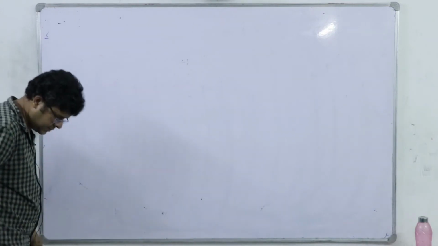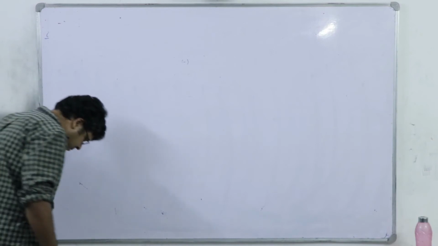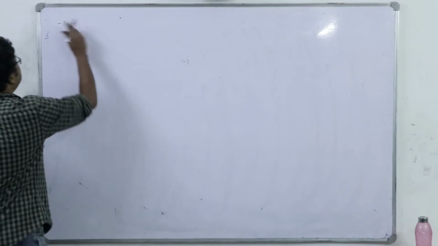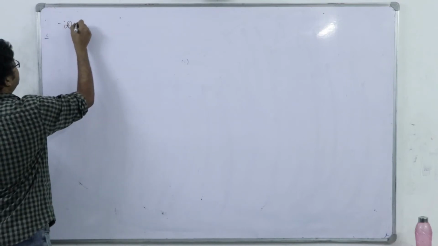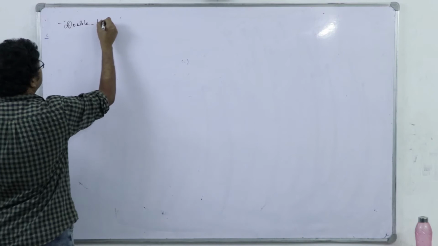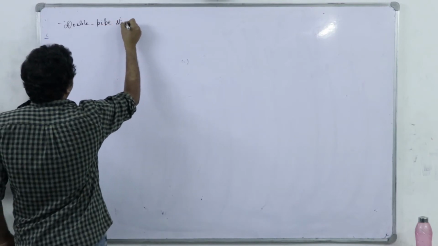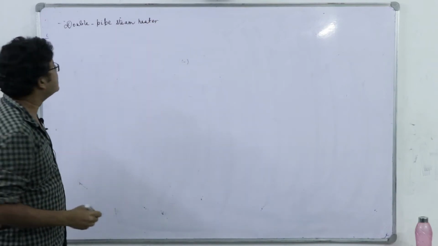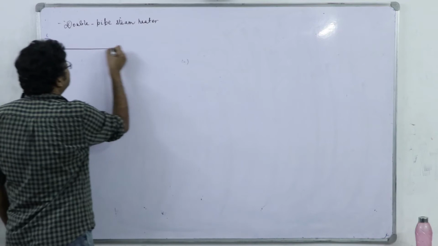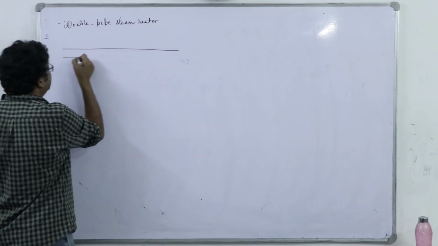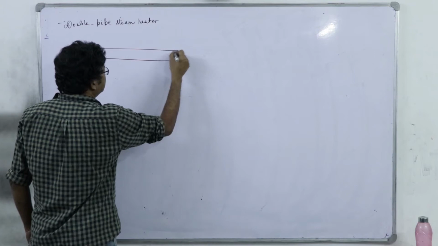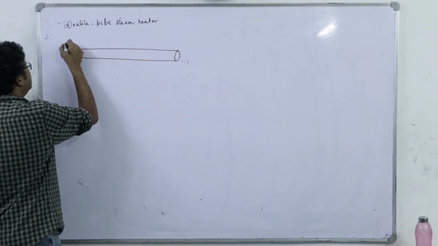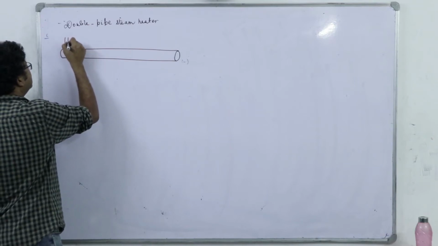So here we have a double pipe steam heater. Let's think this is the central pipe. And here we have the shell.